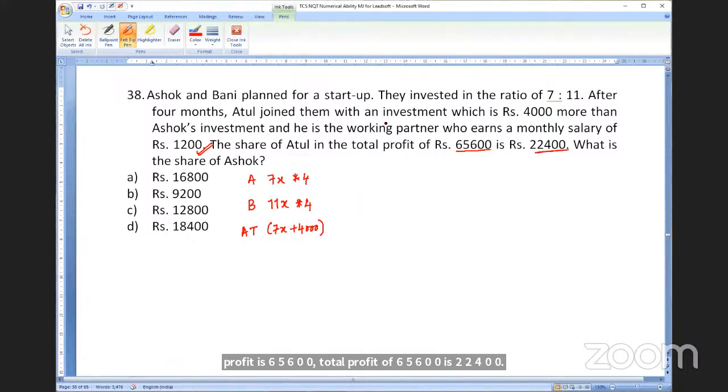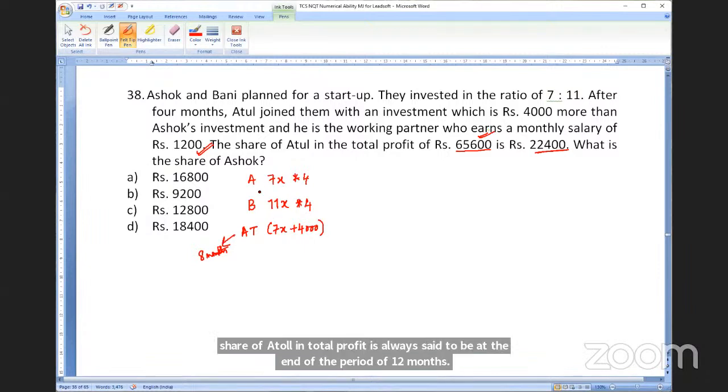Atul joined after 4 months. That means in this calendar year, 8 months are left for Atul. What is the share of Ashok? Since nothing is given, the share in total profit is always set at the end of the period of 12 months.